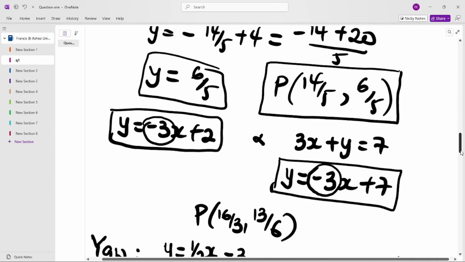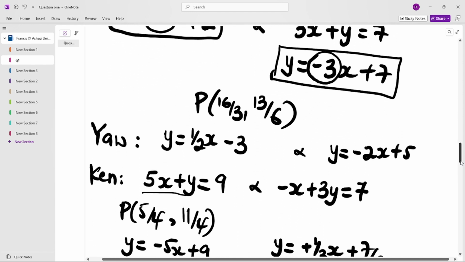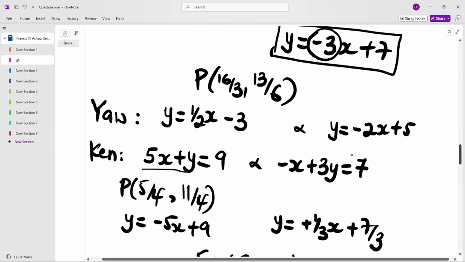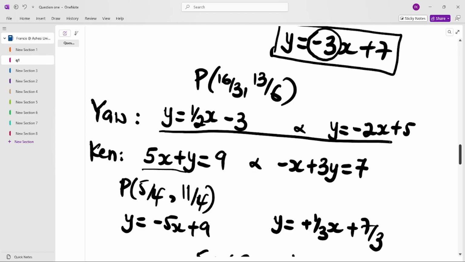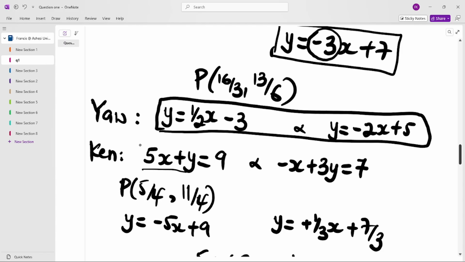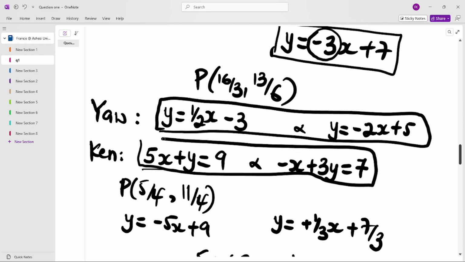My calculator here. Are we good? Yes, sir. I don't have my calculator here. Okay. So you need to solve for the angle between these two, and then Kennedy, you also find for yours. Don't you have a calculator on your phone, Edu?